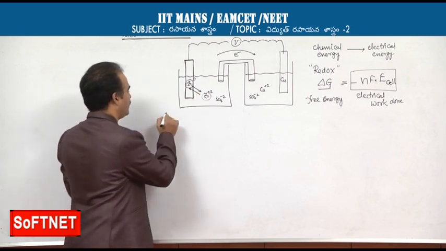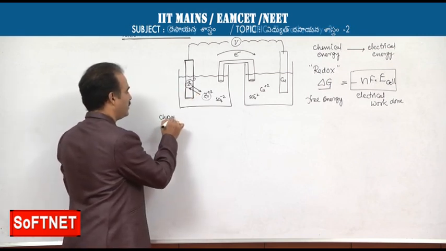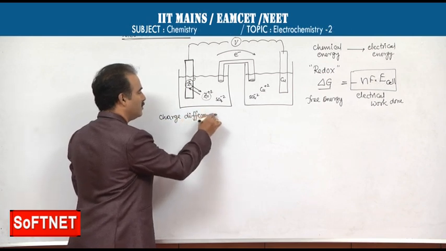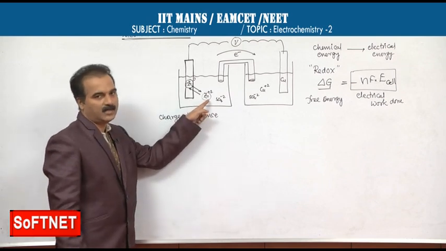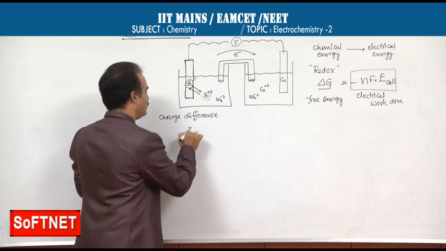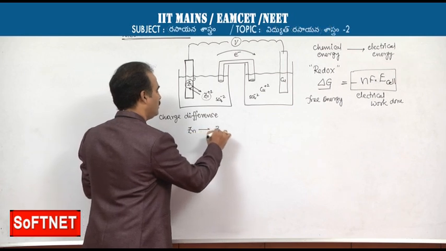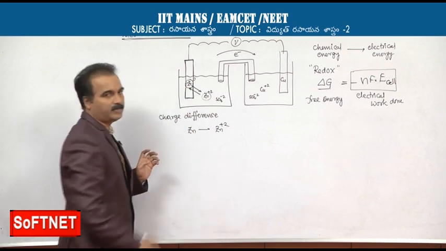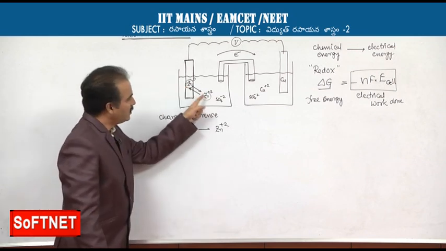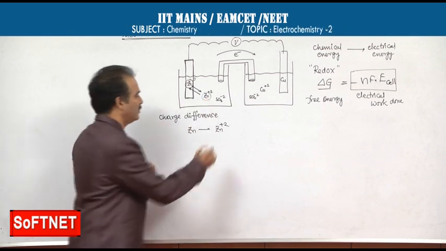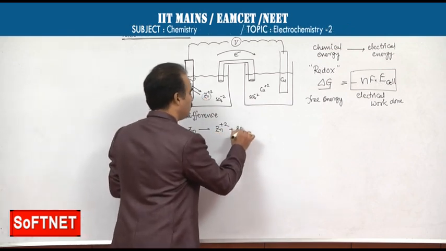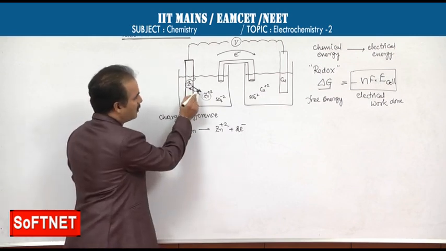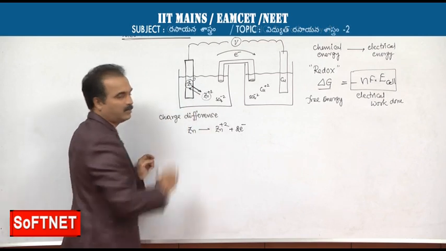This charge difference between the two zincs makes them change one into the other, and that reaction we can write as zinc converts into zinc +2, meaning zinc is dissolving into the electrolyte, or zinc is undergoing dissolution into zinc +2 by the loss of 2 electrons, and this dissolution is oxidation from 0 to +2.